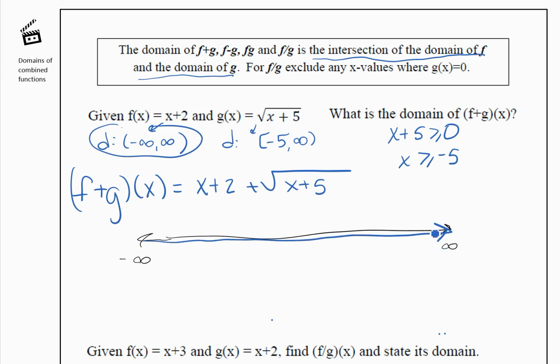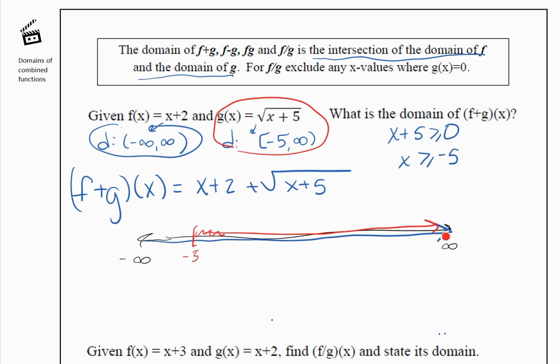Now the domain of g of x, I'll do that in red. It's everything bigger than negative 5, so including negative 5 and everything bigger.